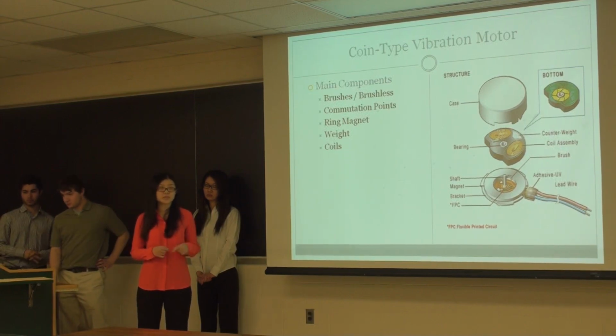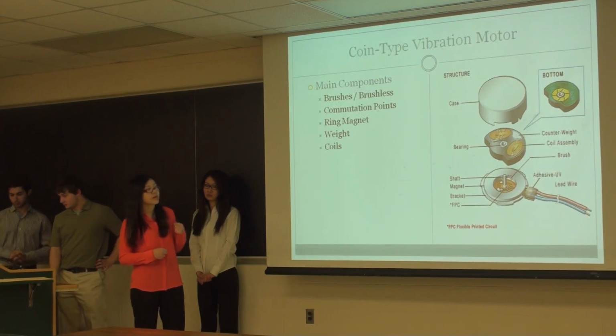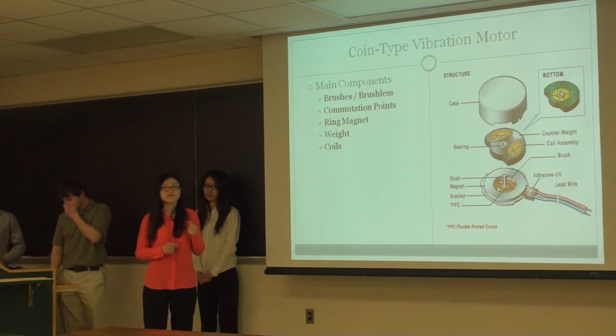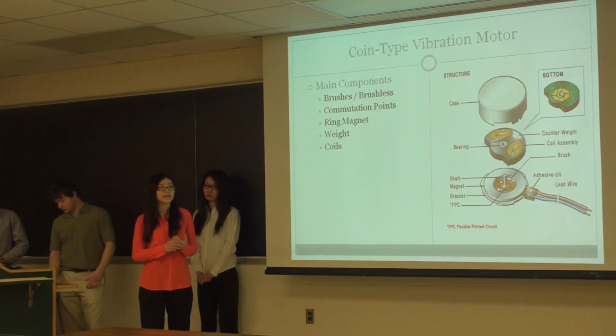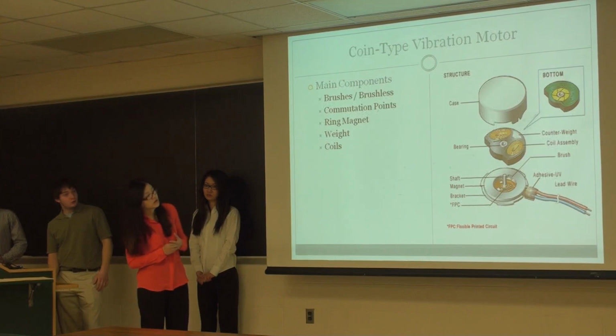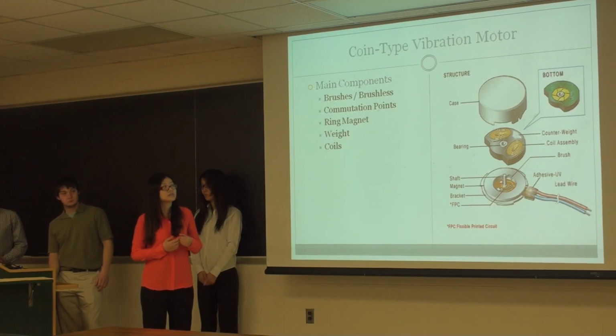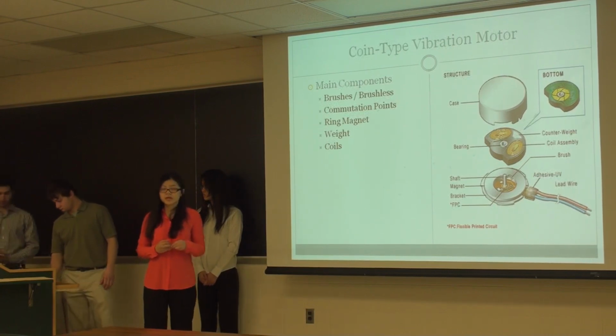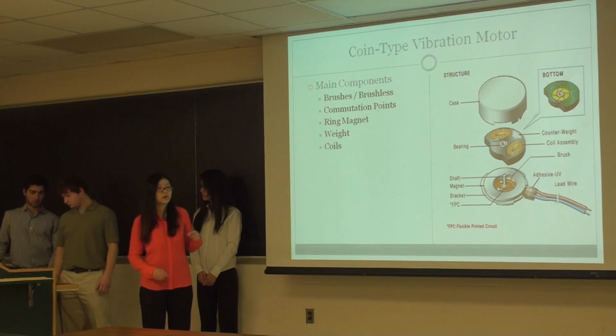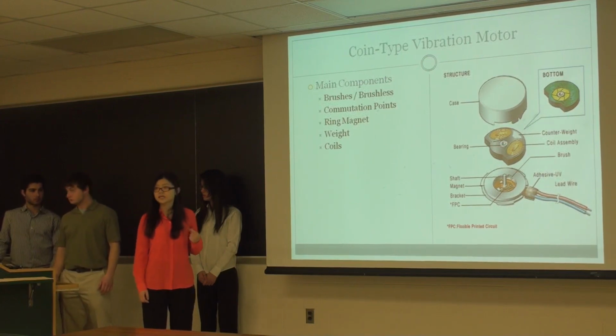The repeated displacement of the weight will create a varying force that will make us feel like it's vibrating. Also, the commutation points are used in changing the polarity pairs so that as the rotor moves, the coils will constantly reverse the polarity.